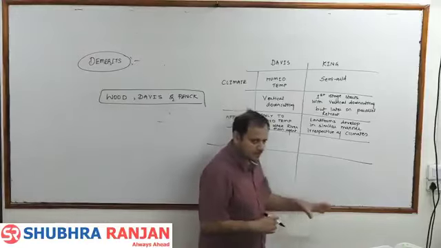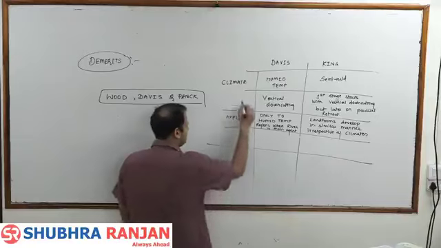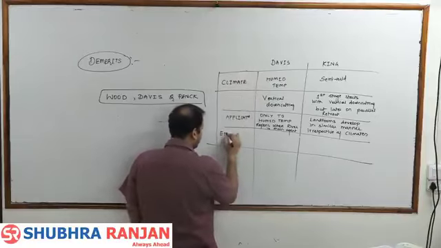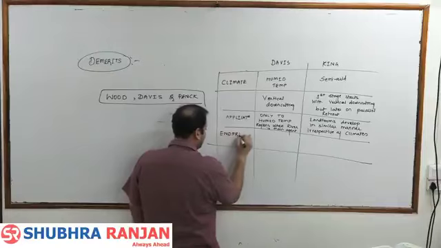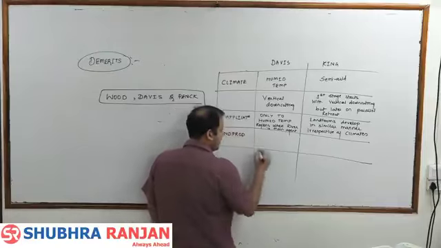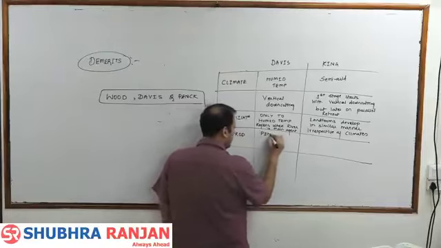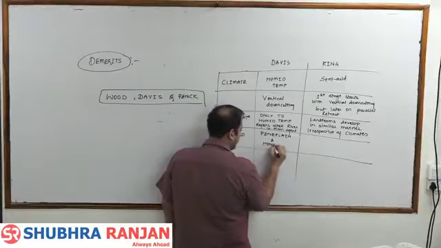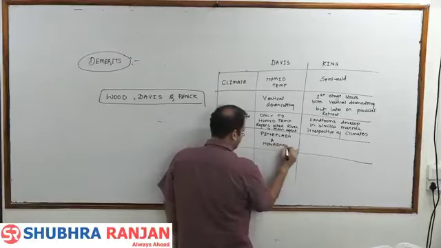Core points. What was the another difference? End product: peneplain and Monadnocks.